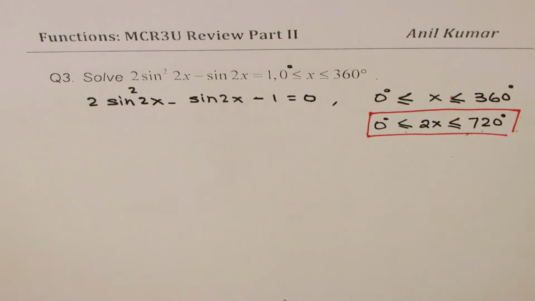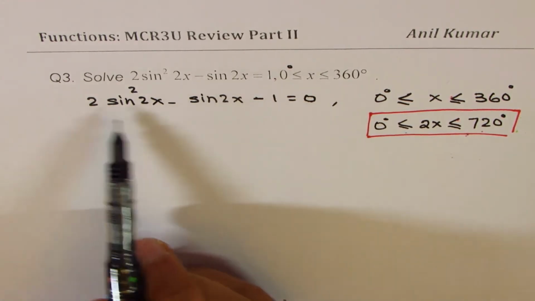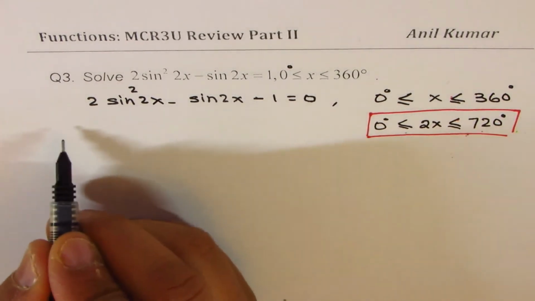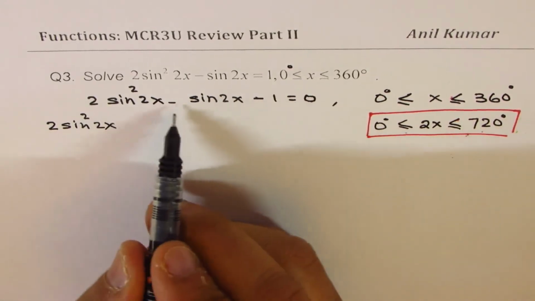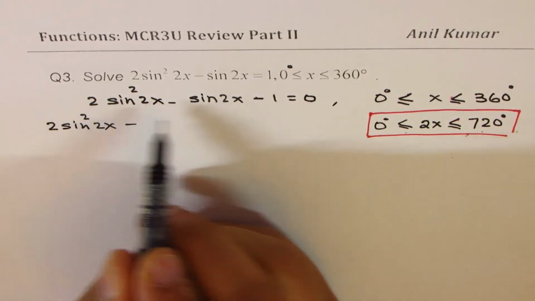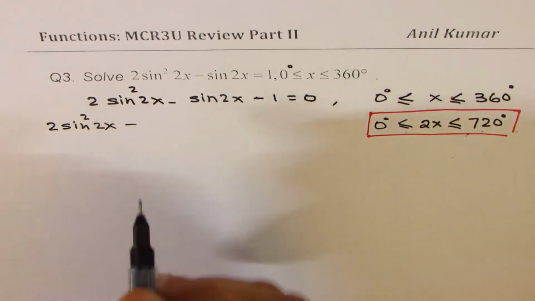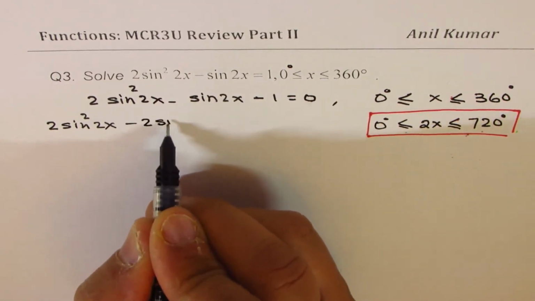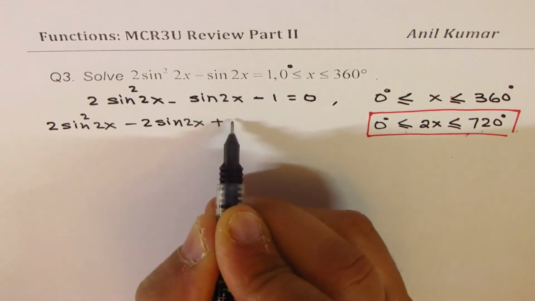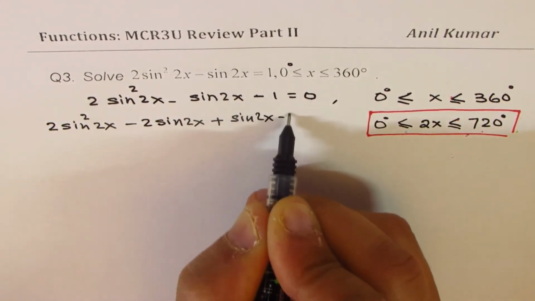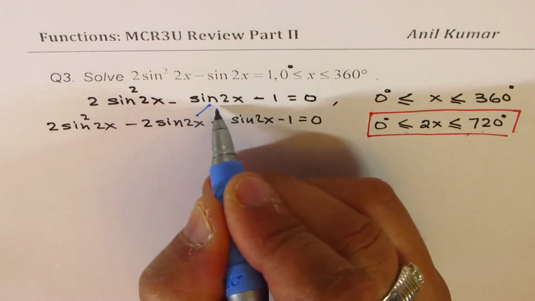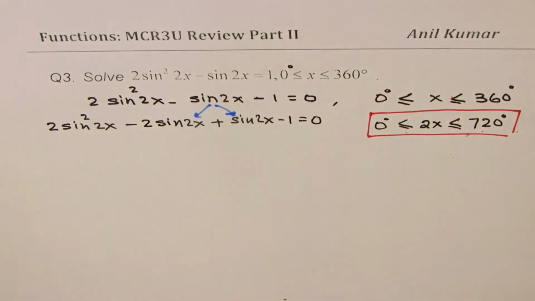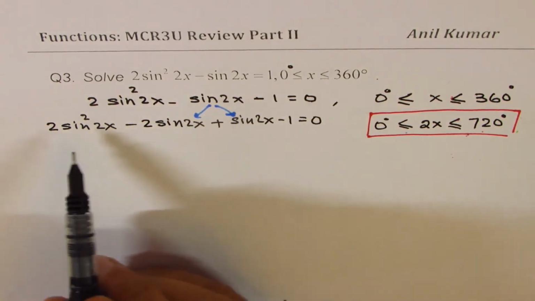Now the left side, the equation which we have, is a quadratic equation which we can factor, right? So we could write this as 2 sine squared 2x, since we need negative here and 2 times 1 is minus 2. So we get minus 2 sine 2x plus sine 2x minus 1 equals 0, right? So we have split this term as a combination of the other two, which can help us to factor.